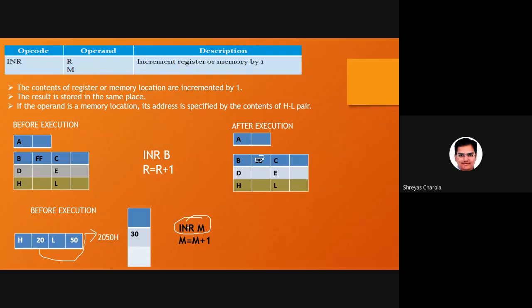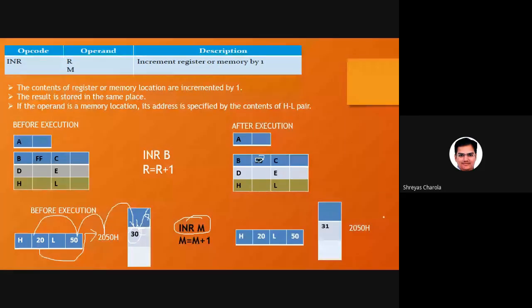Whenever you write INR M, M is a combination of HL. It will go to this location. What is the content I have? 30. It will increment by 1 and store on the same location. We already discussed this. The content will be 31.